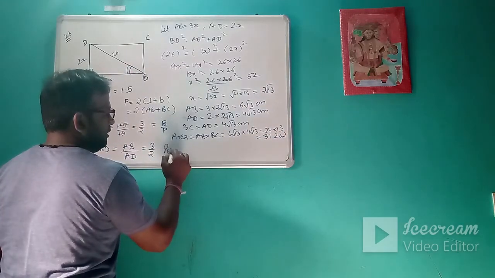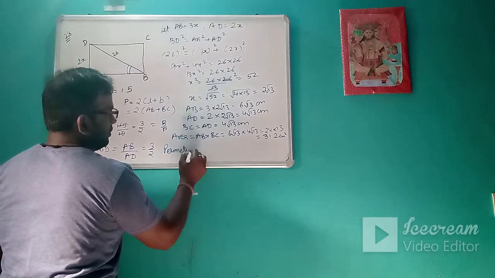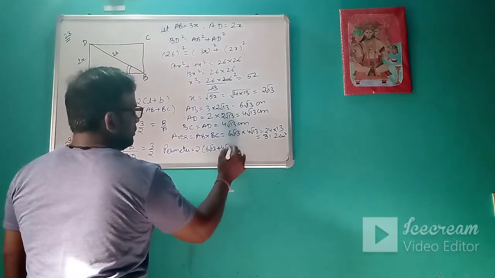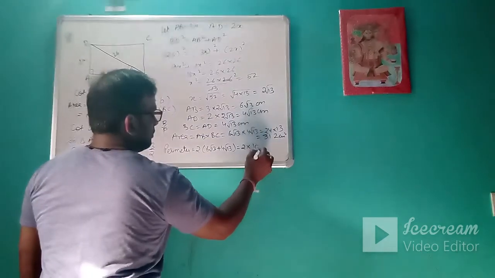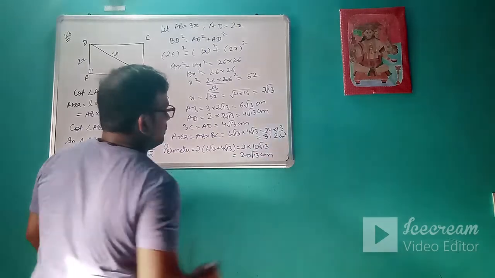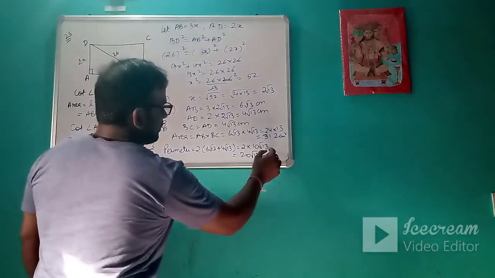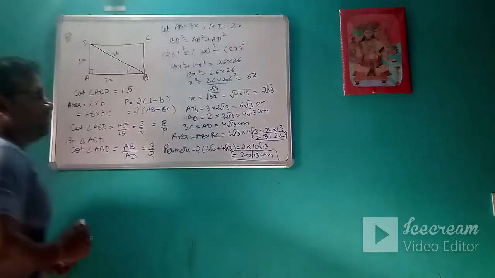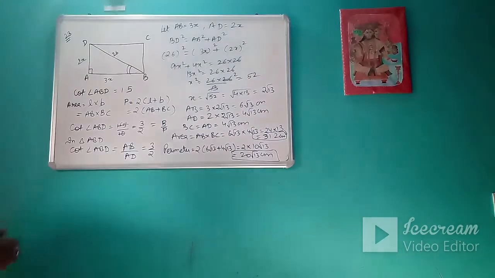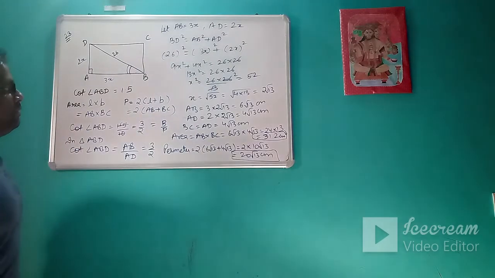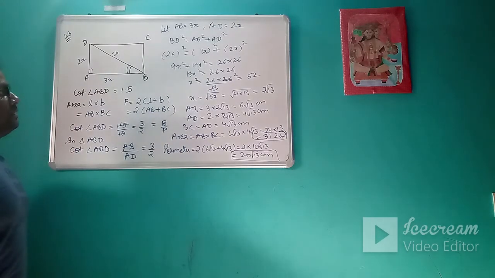And what is the perimeter? 2 into (6 root 13 plus 4 root 13), that is 20 root 13 centimeter. So this is how we can use the trigonometric ratios in these types of geometries to find certain values. We have discussed a few questions and you try to solve the questions. Remaining questions we will discuss on Saturday. Thank you.